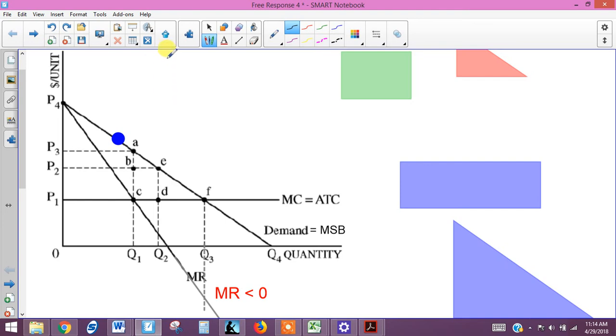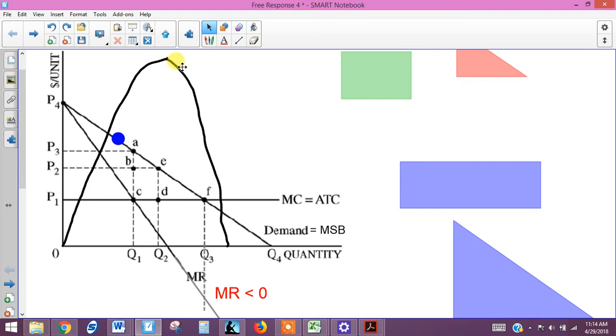So let's put that point about right there, and then I'm going to try to draw a curve that goes up here, maximizes there, and then comes down. Something like that anyway.